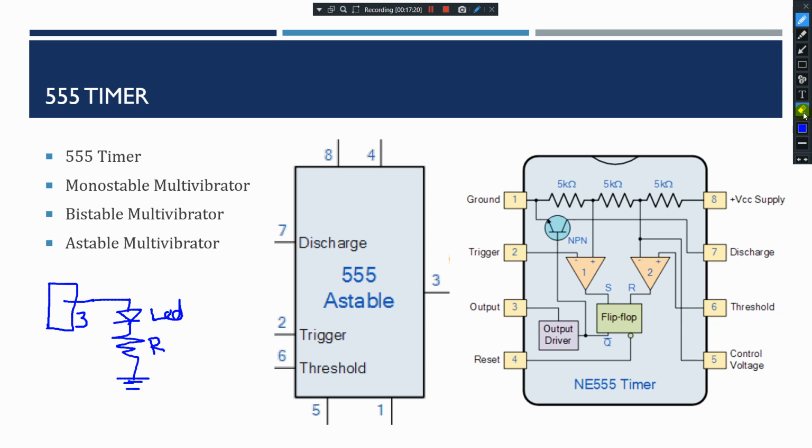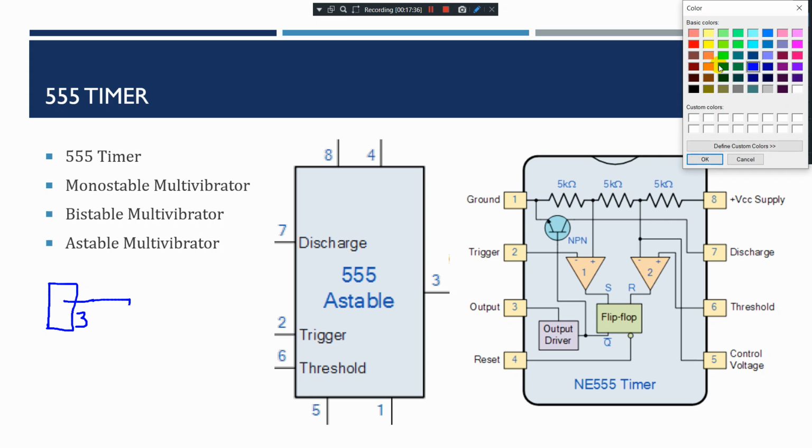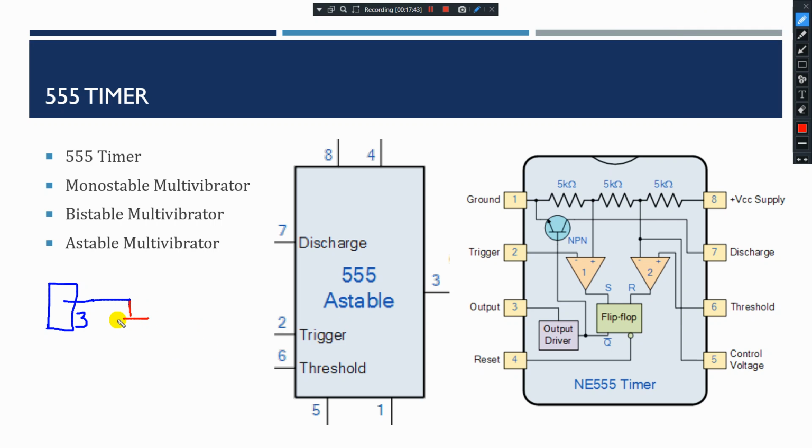Let me explain this one more way, using a different color. This is called source. At pin 3, I'm getting an output.